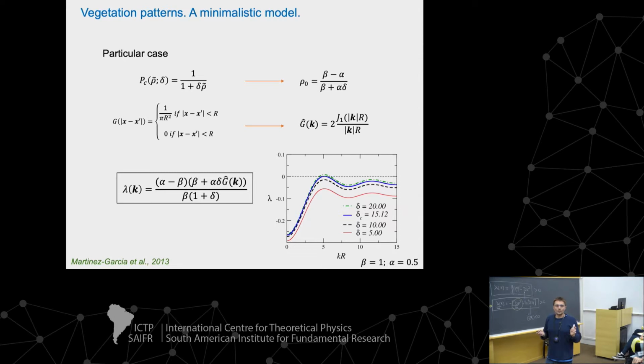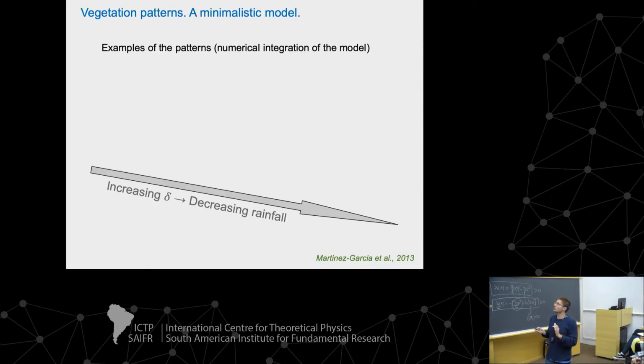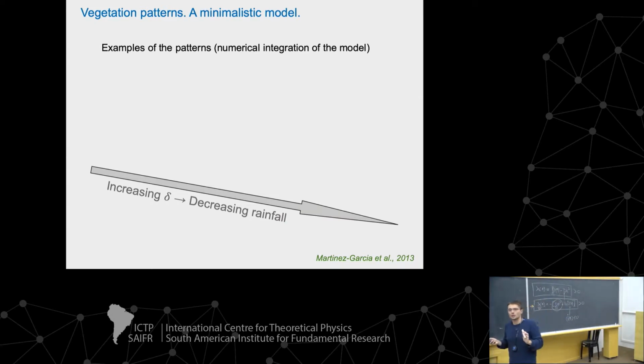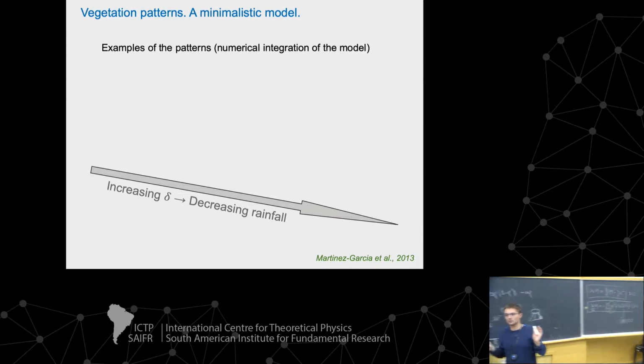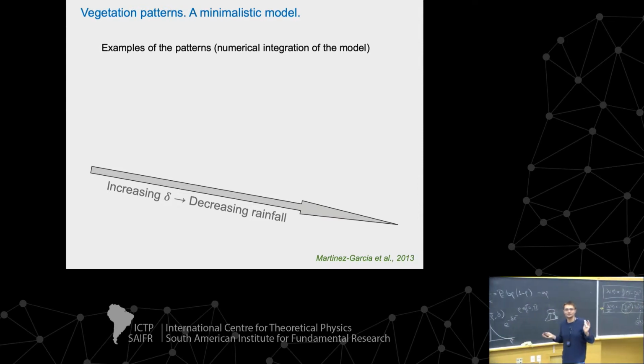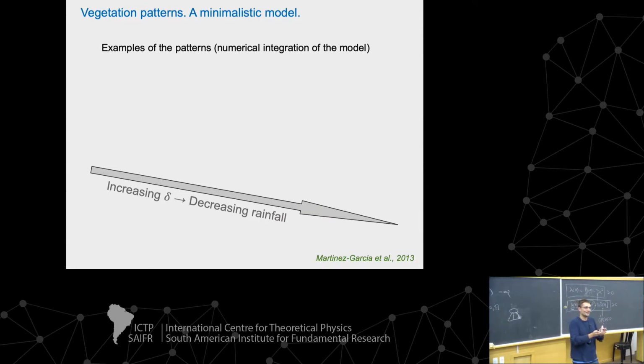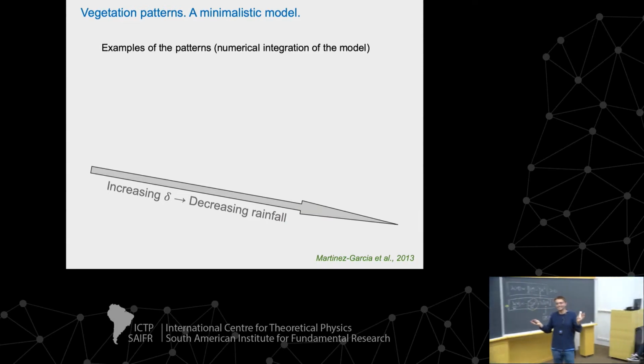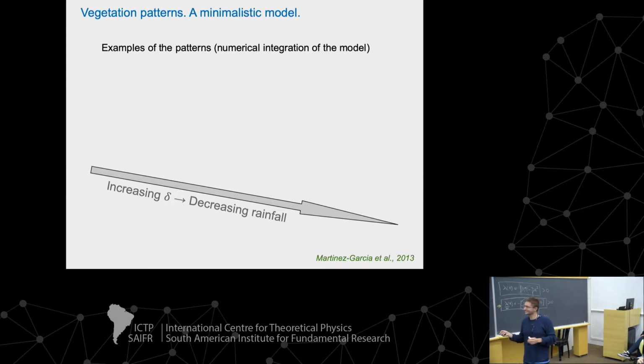I can do many other things, but just because I don't want to tire you a lot, I can solve this equation for different values of lambda, and I can see how these patterns look. And I'm doing this in 2 dimensions because the landscapes, the ones that I understand, the surface, are 2-dimensional.